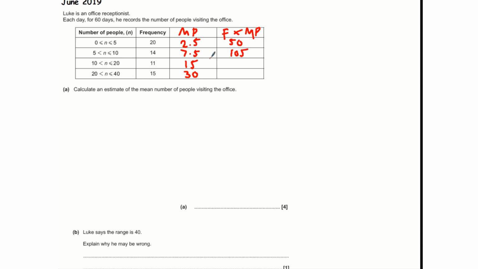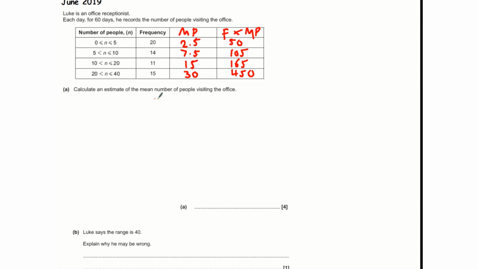Then you can do 11 multiplied by 15, which is 165. And then 15 multiplied by 30, and that would be 450. So now you have your frequency multiplied by your midpoint.